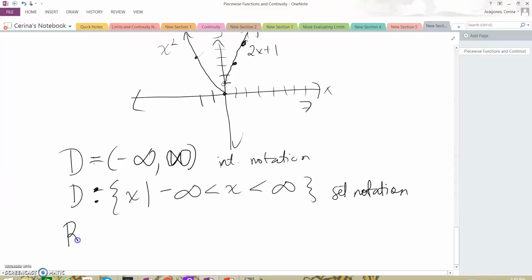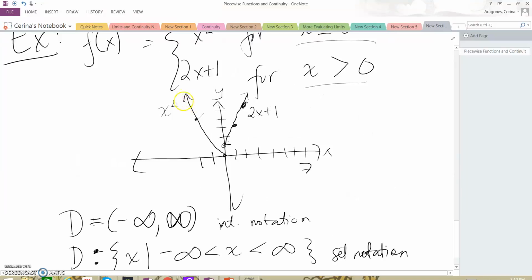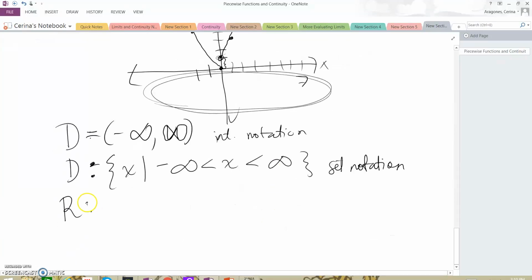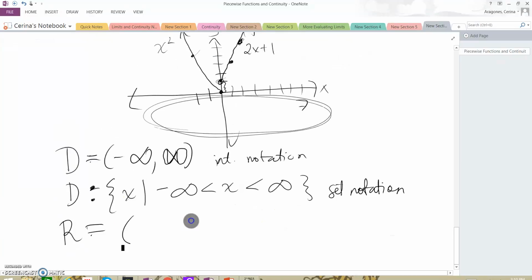Our range, okay, as you can see, we have values from positive infinity all the way to 0, and then from 1 to positive infinity. So, sorry, we don't have any negative values. And we don't have any values between 0 and 1. See, there's nothing here. Oh, we actually do have values.